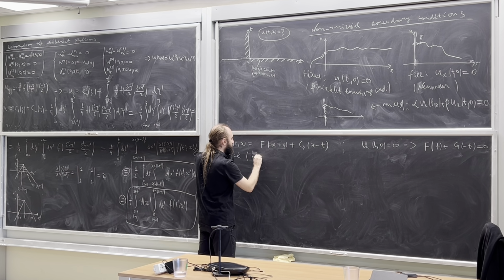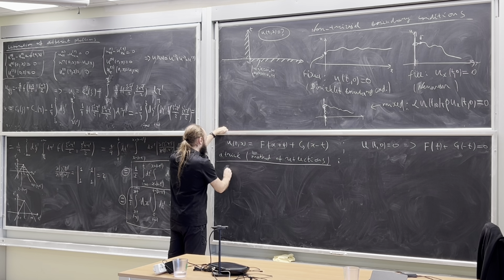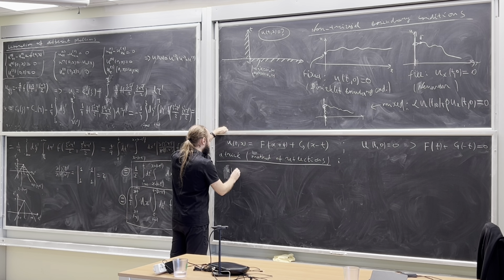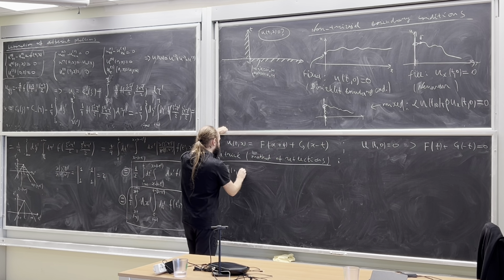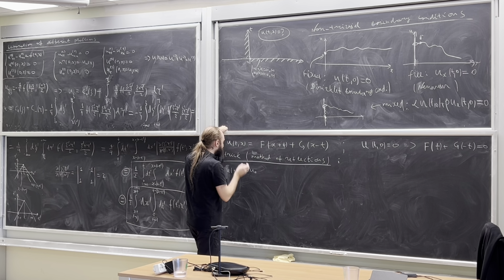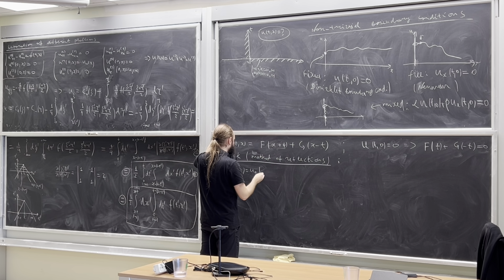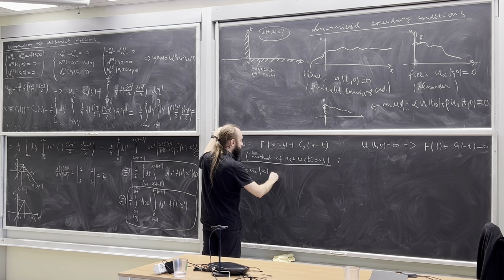So, the trick is the following. Let us study. Originally we had u of 0 and x equals u0 of x for x positive, and the same for u_t.